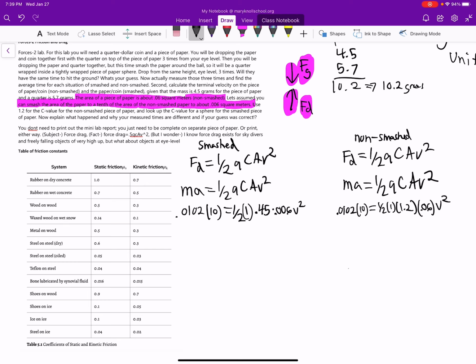So I'm going to simplify the left side of the smashed. So we're looking over here now, and we get 0.102 once we simplify this whole thing. Now I'm going to go ahead and plug it into my calculator.